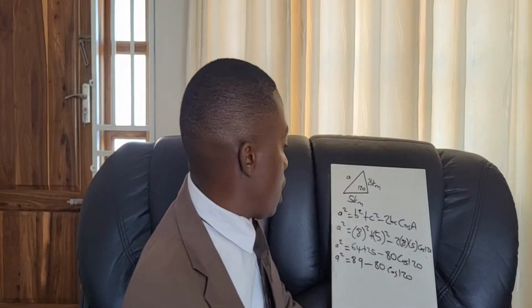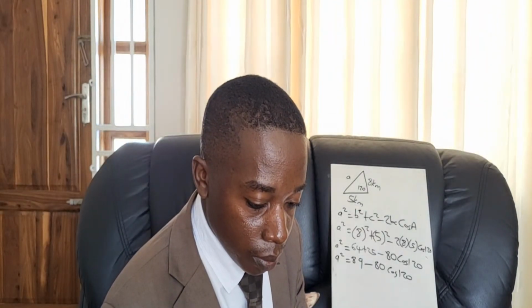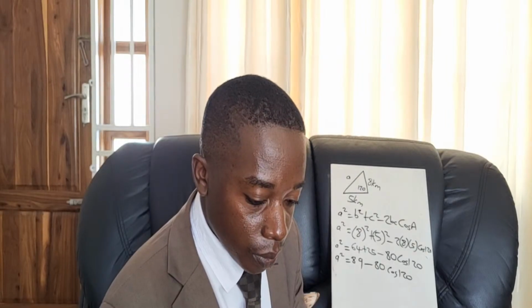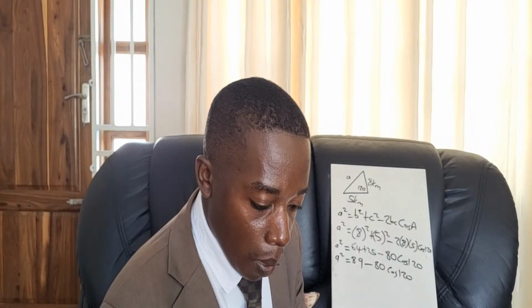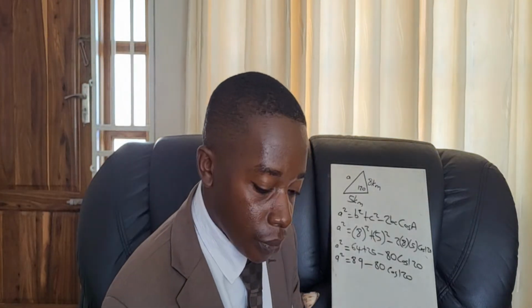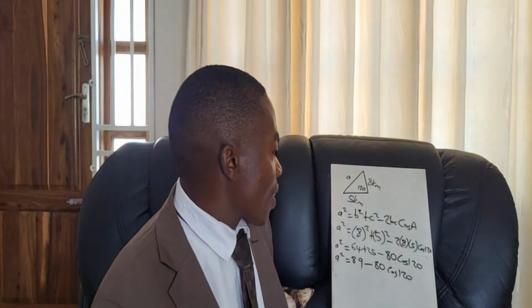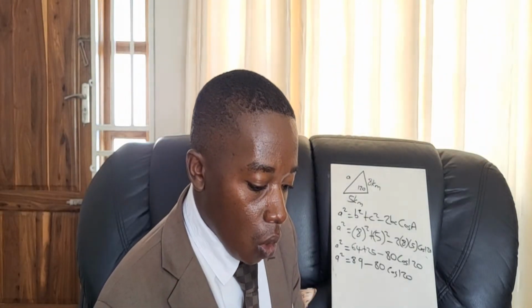I want you to double check my calculations. 64 plus 25 is 89. Alright, fine.